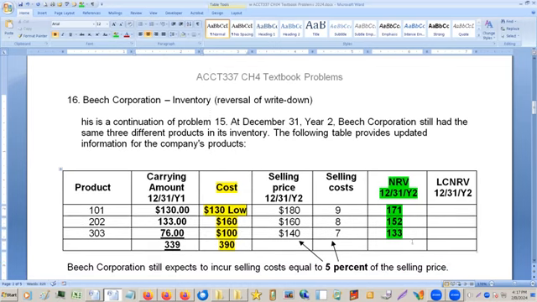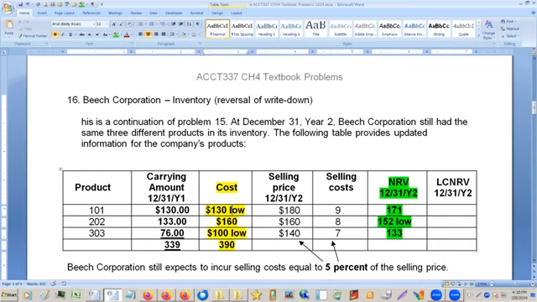So this will be the low. 160, 152. So this will be the low. And 100 will be the low here.